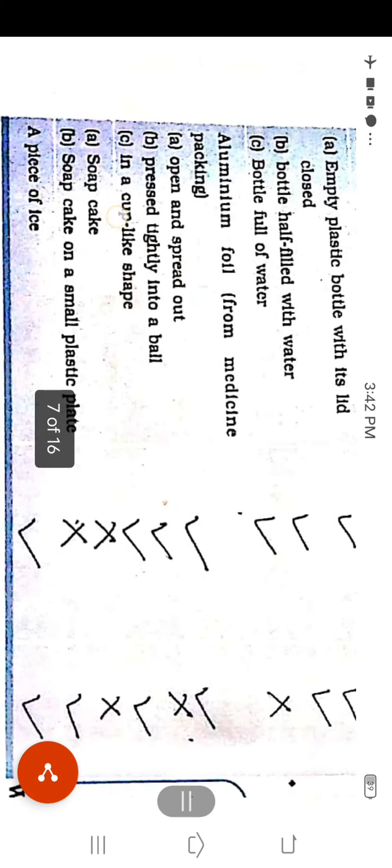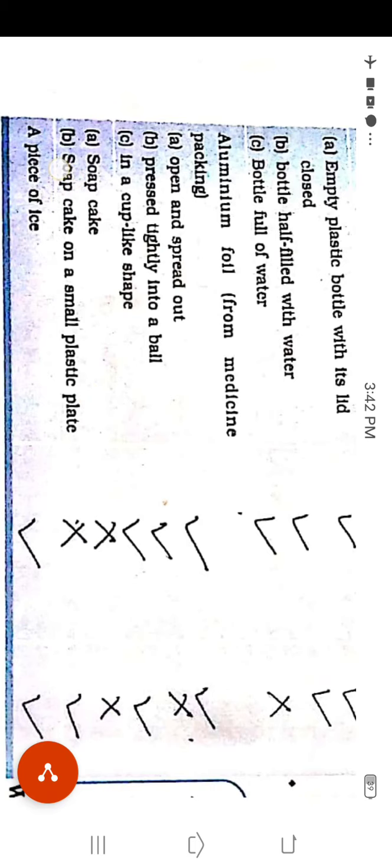Here, open and spread out aluminum foil, I was thinking it will float, and it was floating. Pressed tightly into a ball, I was thinking it will float, but it was not floating. In a cup-like shape, I was thinking it will float, and it was floating.